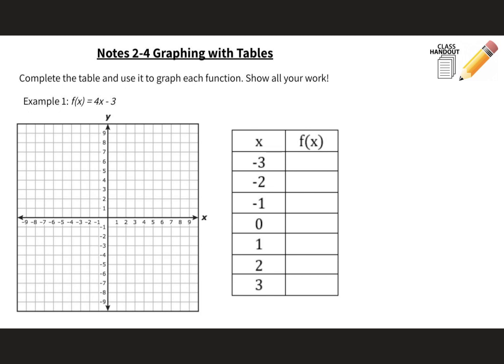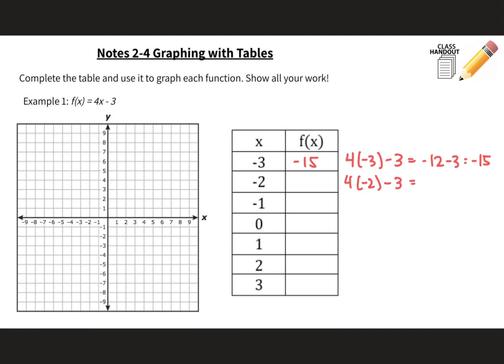Okay, so starting with -3, we're going to plug that in for x. So 4 times -3 minus 3. Well, 4 times -3 is -12, and -12 minus 3 is going to be -15. Now we're going to plug in -2, so 4 times -2 minus 3.